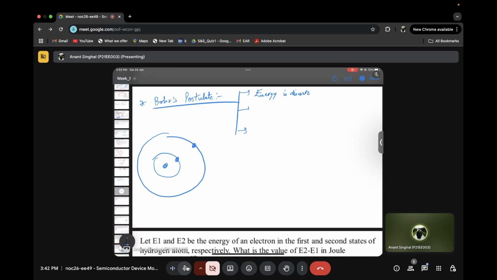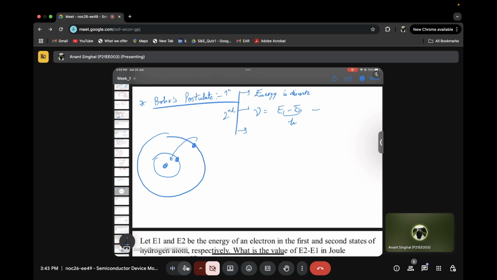The second postulate says that if an atom goes from one level to another, the frequency would be the change in energy divided by the Planck's constant. So this is the second postulate.